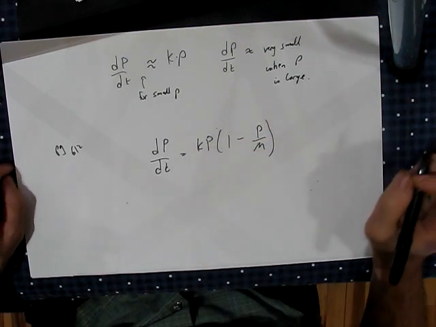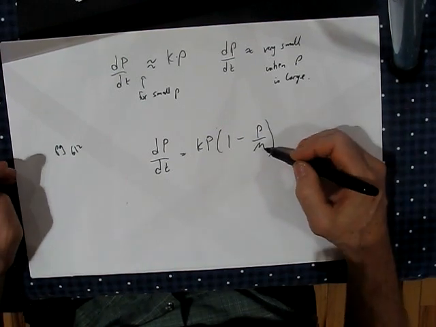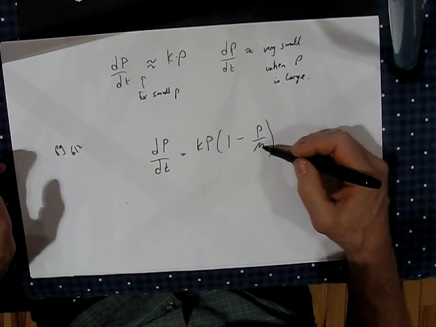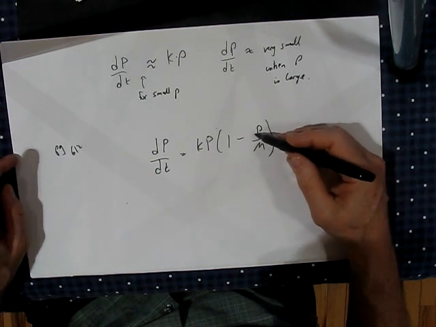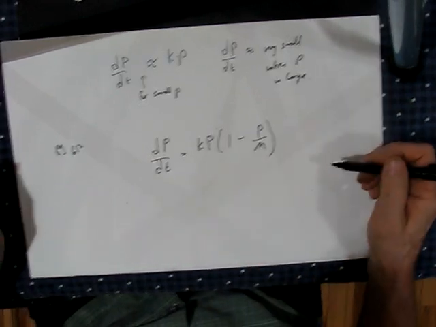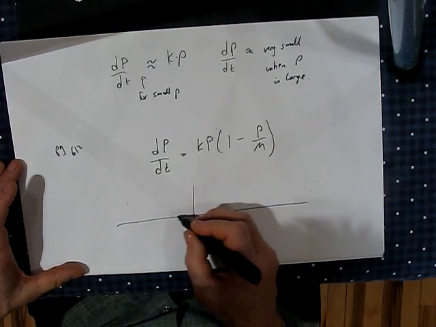So it's flattened off. And let's assume the population is very small compared to m. Then p over m is very close to 0, 1 minus p over m is very close to 1, and therefore the growth rate is proportional to the population when p is very small. Well, a picture of that looks like this.